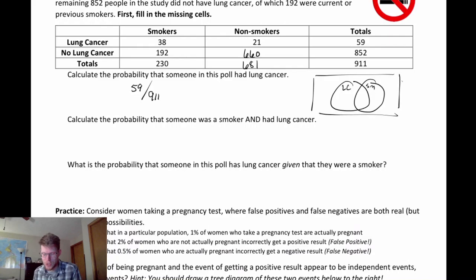The first question was asking for the whole lung cancer bubble, so everything in here. Whereas this question is asking for an intersection, lung cancer and smoker, which is this intersection right here. So that's going to be the 38 in that very specific cell divided by 911.